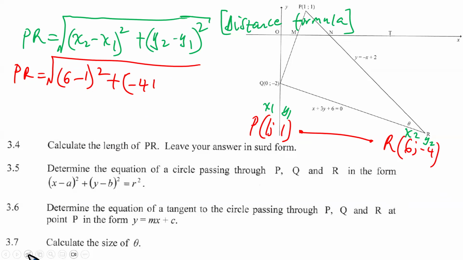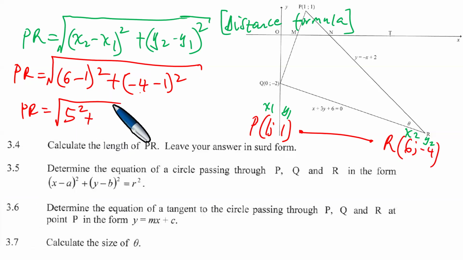Oh, okay, so you put a minus y1, so it's -1 here. Right, so let's continue. Which means PR equals, what is 6 minus 1? It's 5 squared. -4 minus 1 is -5 squared.